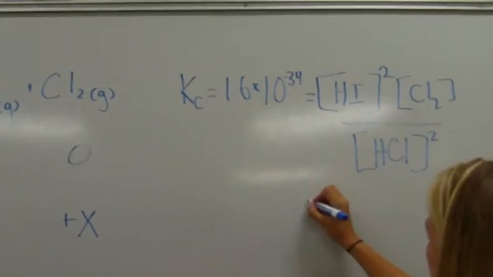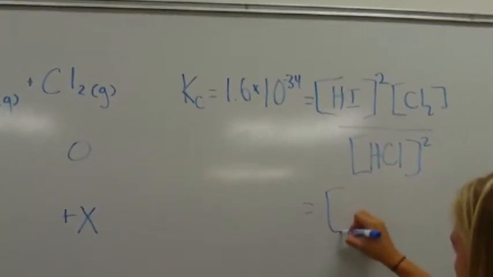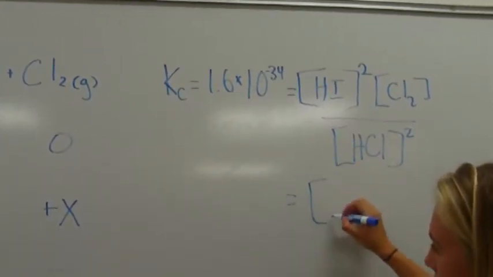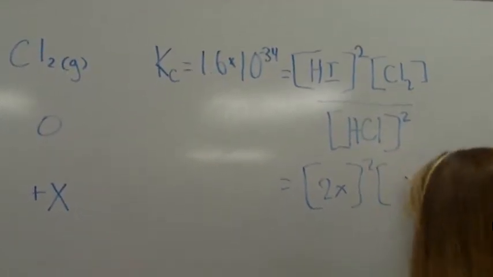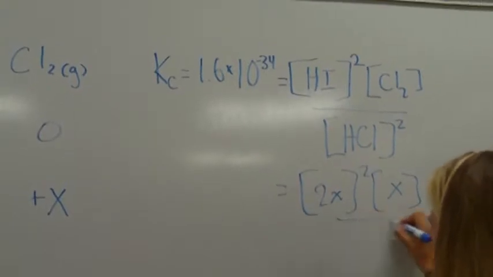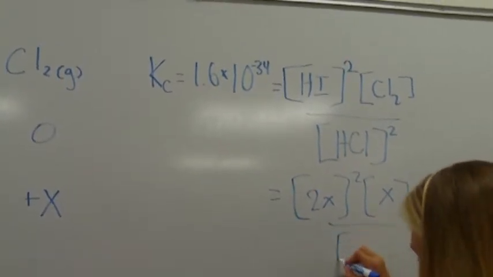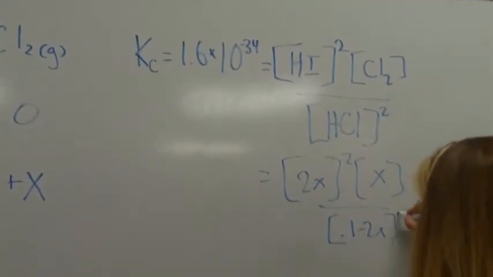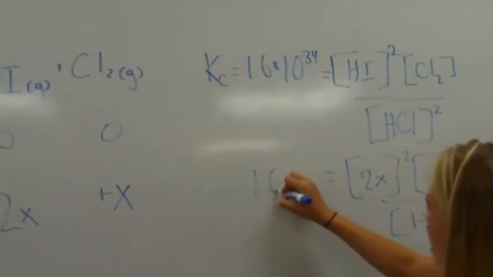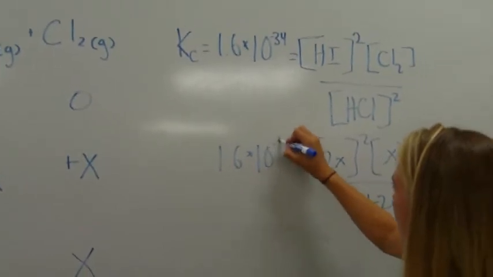So what we get is the concentration for HI was 2x squared times x over 0.1 minus 2x squared, which is our constant.